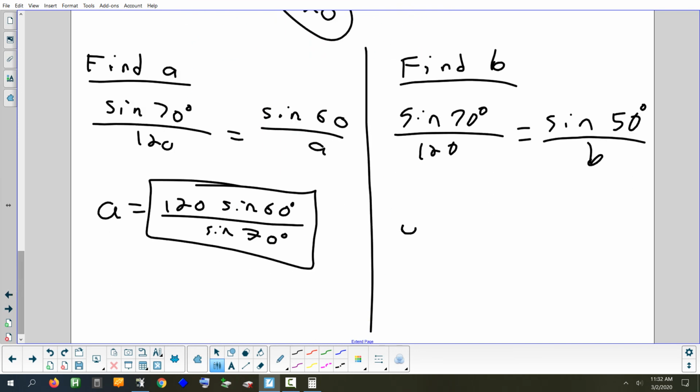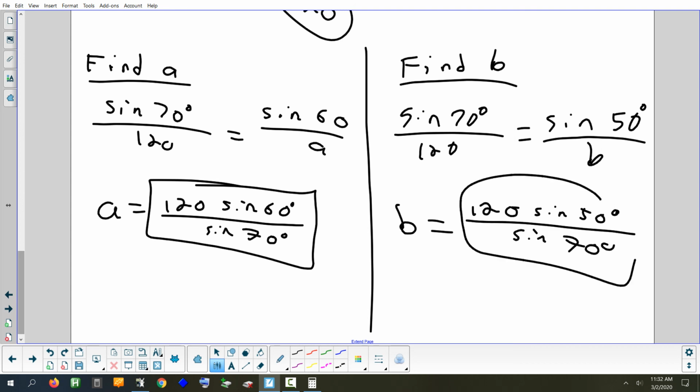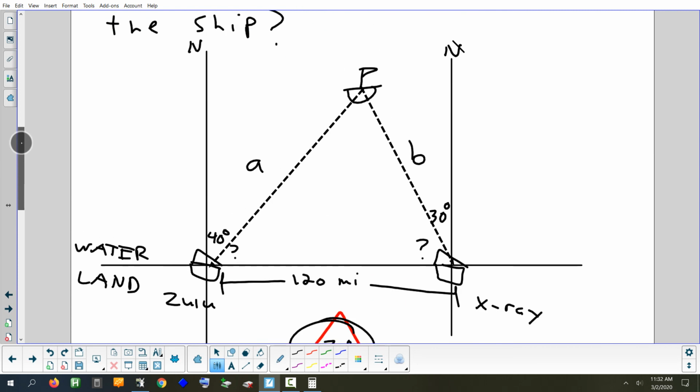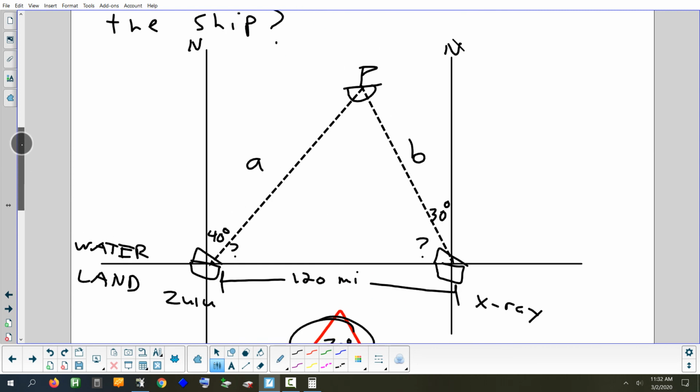And for B, somebody else tell me what my formula for B would be. 120 sine 50 over sine 70. Perfect. That's B, and that is the distance from the boat to X-ray.